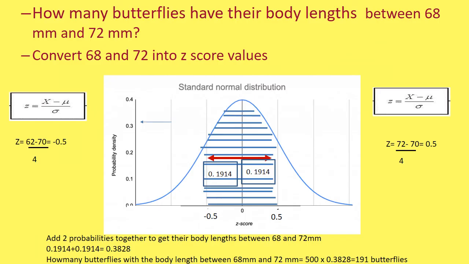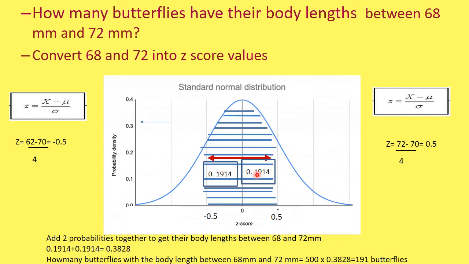Then we have to get two values here. We need to consider from 0 to minus 0.5 and 0 to 0.5. The area under the curve from 0 to 0.5 is 0.1914. That is on the minus side, and the plus side is also the same.